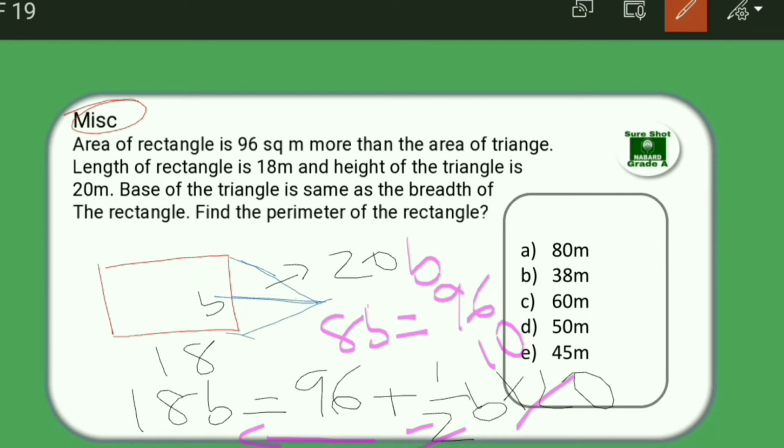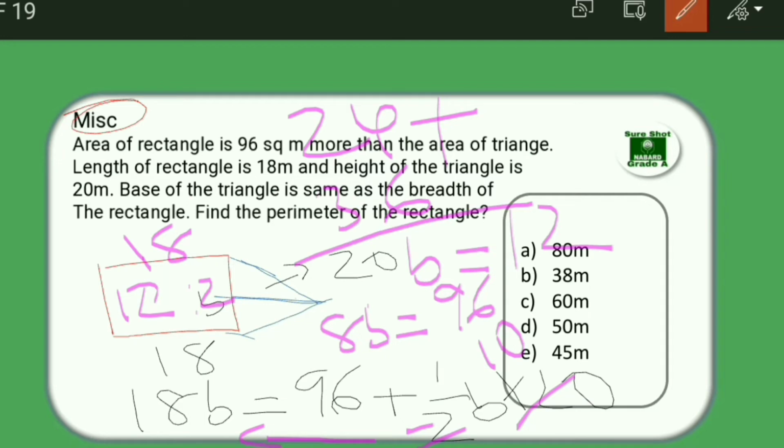So b will become 96 divided by 8, which is 12. Find the perimeter of the rectangle. Perimeter is 18 plus 12 plus 18 plus 12, which is 24 plus 36, 60. 60 is the answer.